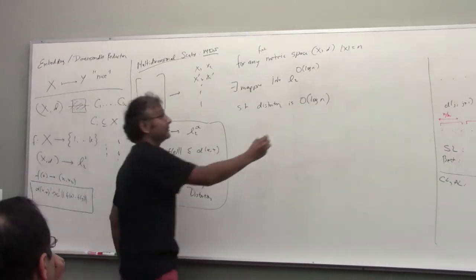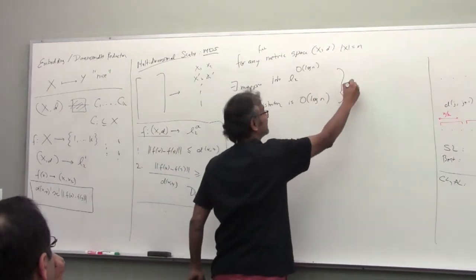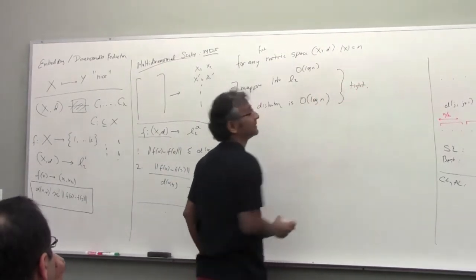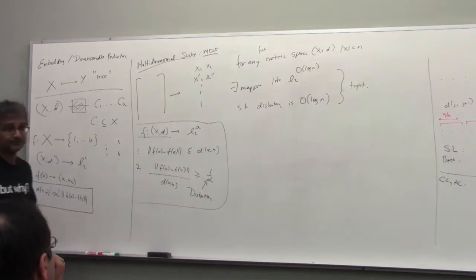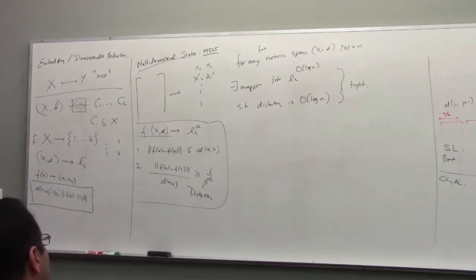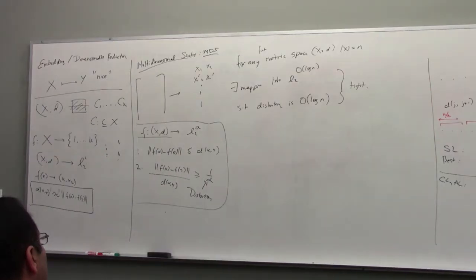And both these things are tight. You cannot do any better. Construction, there are certain kinds of metrics you can construct from graphs called expanders that do not let you go and do any better than this.